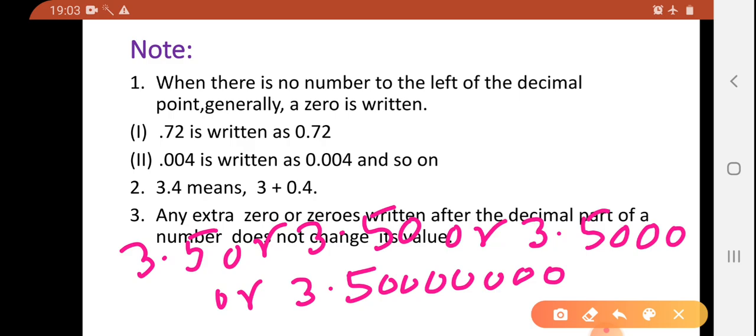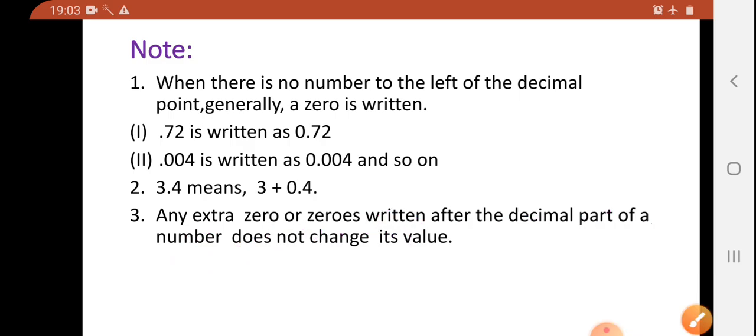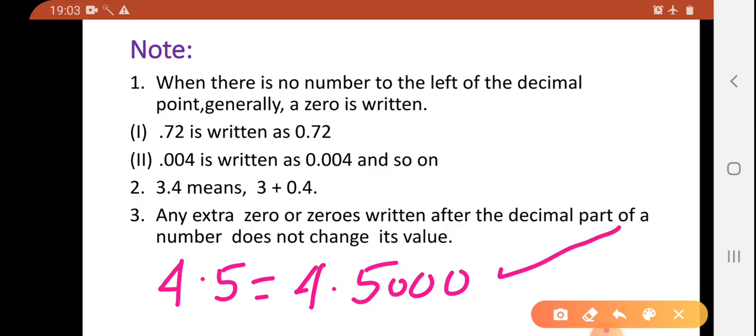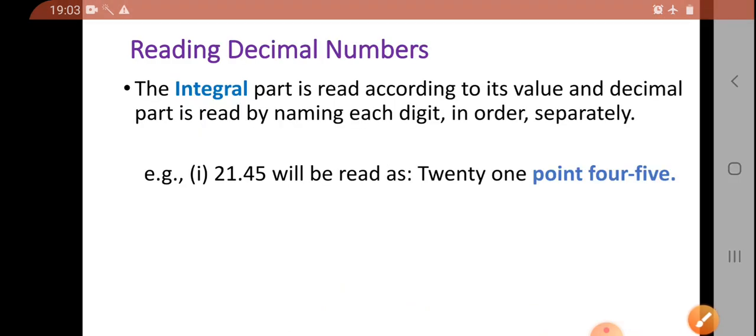All are equivalent to each other. We can write 4.5, this will be equal to 4.50. Both are equal.